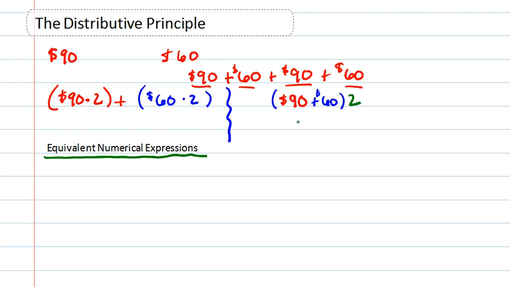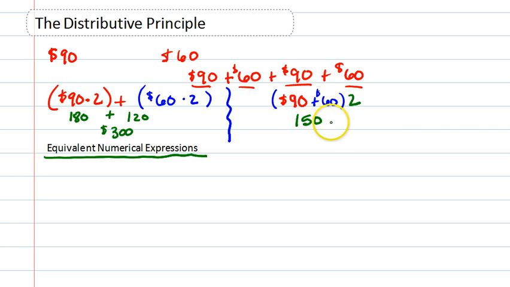So let's test this out. If I take 90 times 2, I'll get $180. And if I add that to 60 times 2, I get $120. And my total cost is $300. On this side, I'm going to add 90 to 60, and I'm going to get $150.